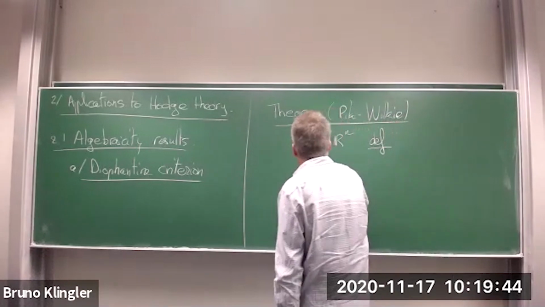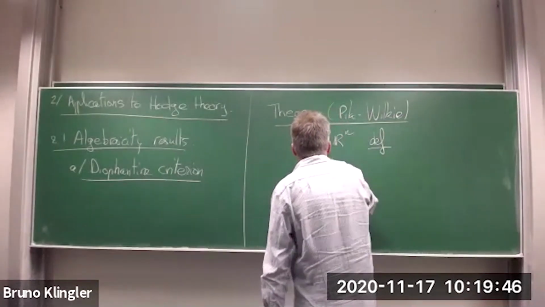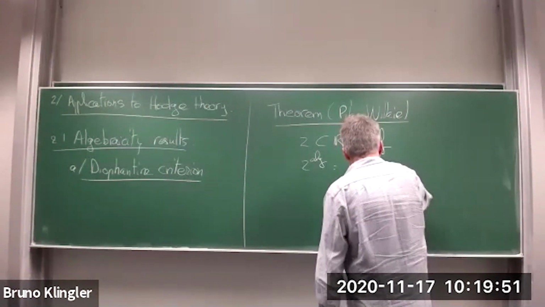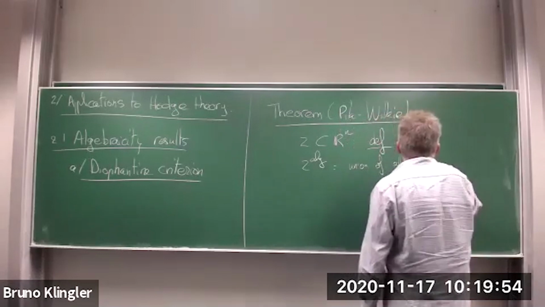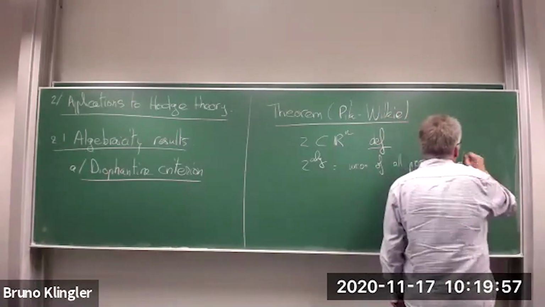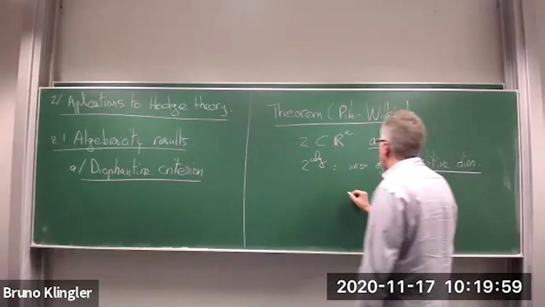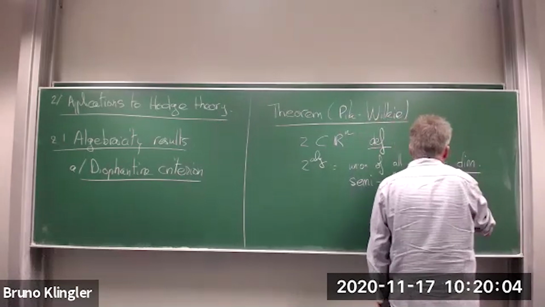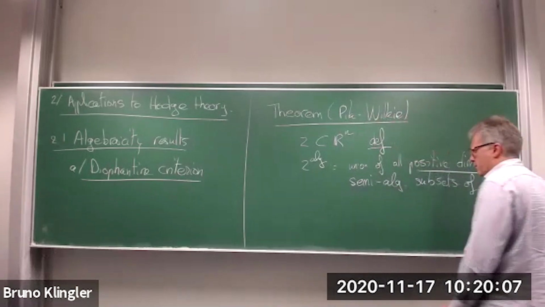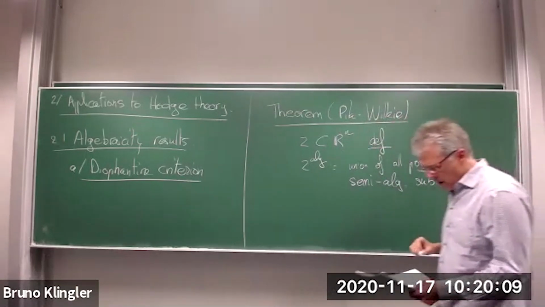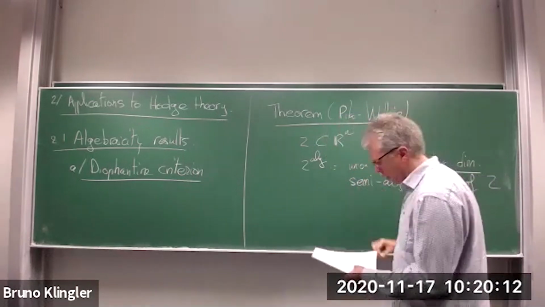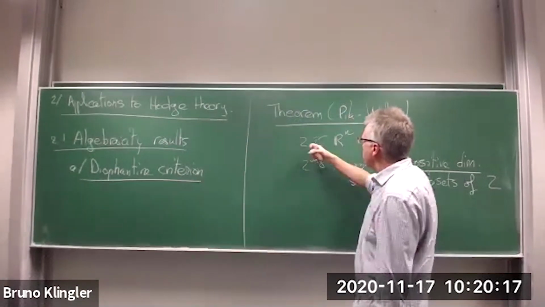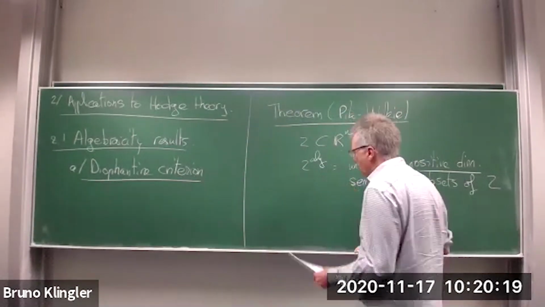And define the algebraic part of Z as being the union of all positive dimensional semi-algebraic subsets of Z. Now the question is to know if this is big or not. And the claim is that, to do that, it's enough basically to count rational points of bounded height.